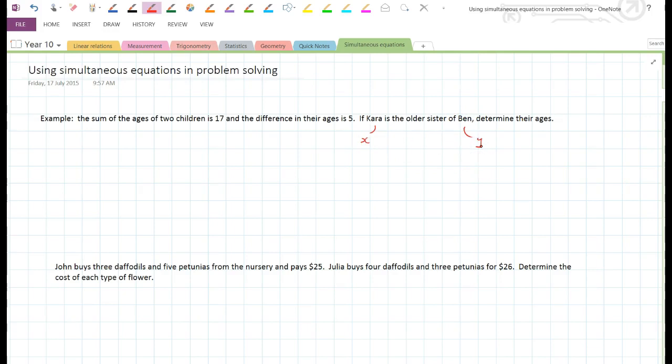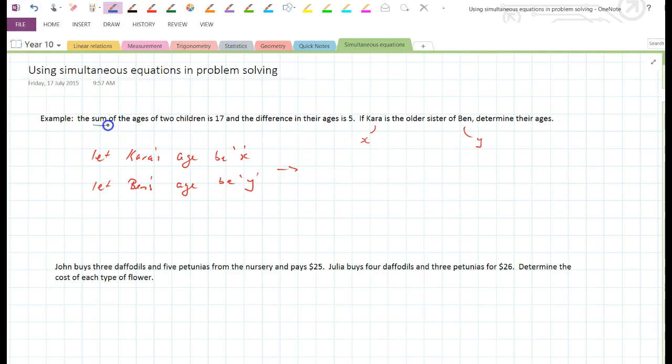Then that will read, the sum of the ages of two children is 17. So X plus Y. So what I'm saying here is I'm going to let Cara's age be X, and let Ben's age be Y. Therefore, from that we can come up with two equations.